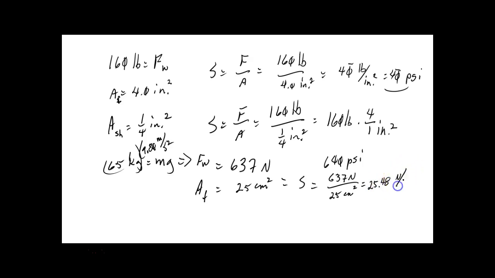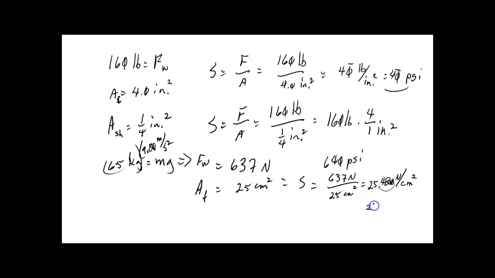And that would be newtons per square centimeters, but that's not a Pascal. Again, we'd have to multiply that by 10,000. Remember, we did that conversion earlier. That means moving it 4 decimal places.